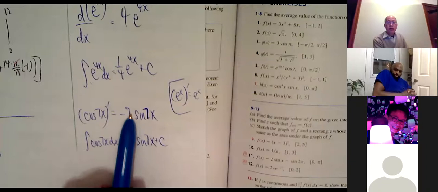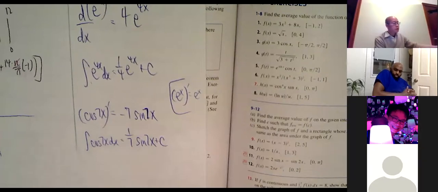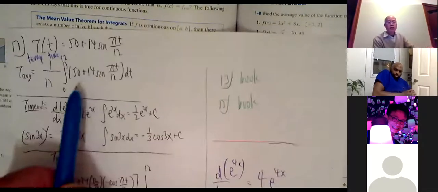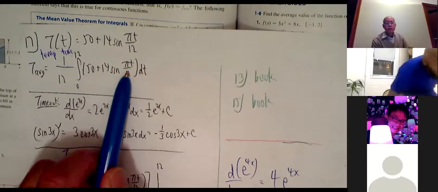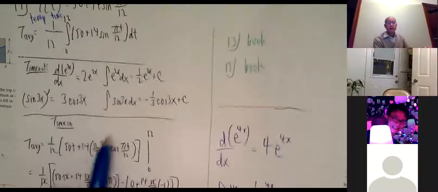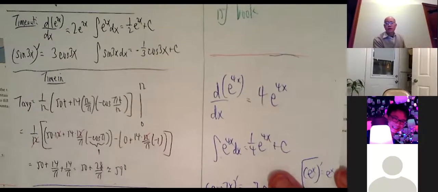So I took the original times 7. So when I integrate, it's not times 7, it's times 1/7. And that's what I was showing here. So over here, it looks like there was a pi/12 t. So if I integrate, it's 12/pi t.